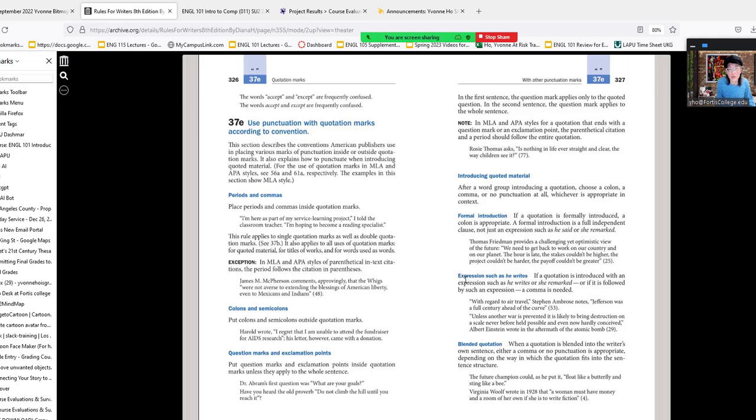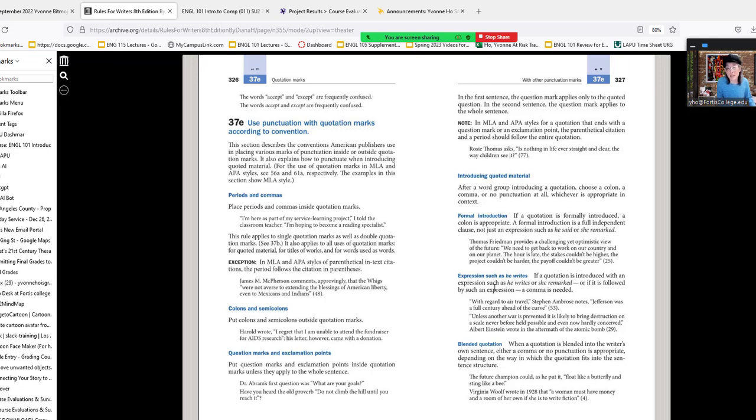And so you would use expressions such as he writes. If a quotation is introduced with an expression such as he writes or she remarked, or if it's followed by such an expression, like John says, John remarked, remember that in APA you always use the past tense.